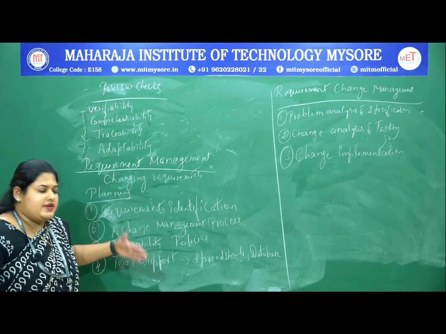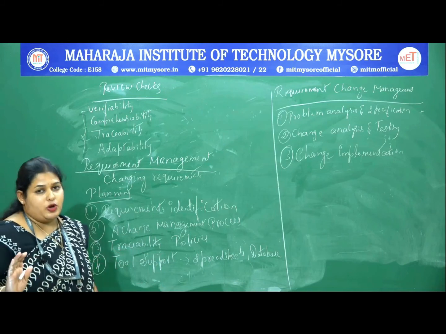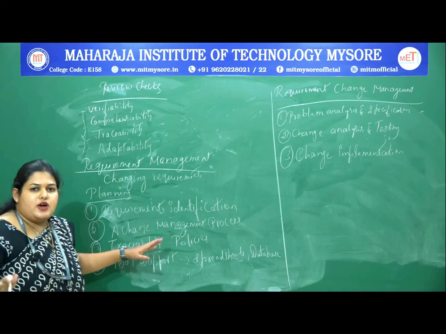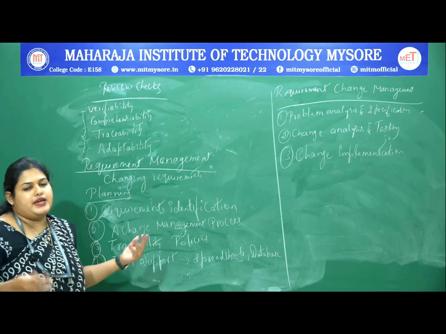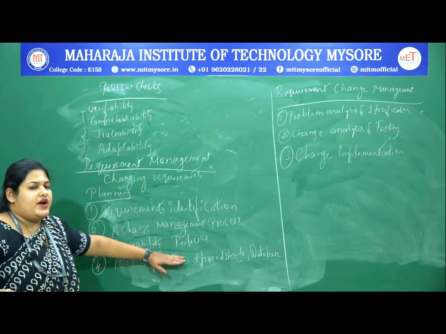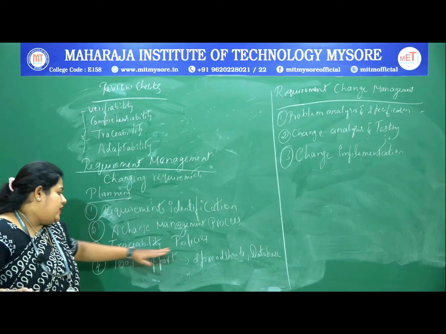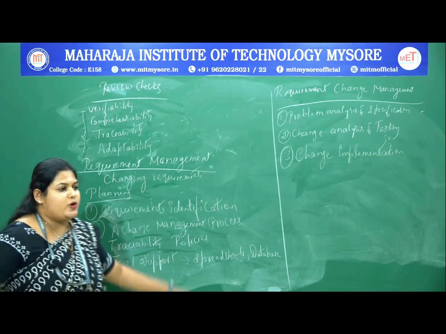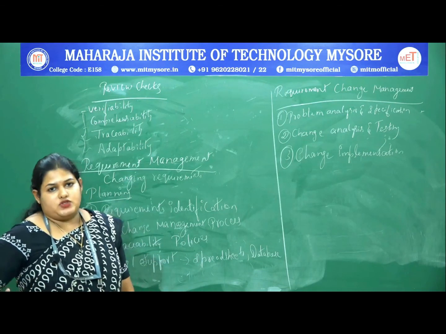But with the next evolutions, proper documentation should be done, so that if the product, even after release to the market, has problems, the engineer can trace that particular problem. Hence traceability policies also play a major role.